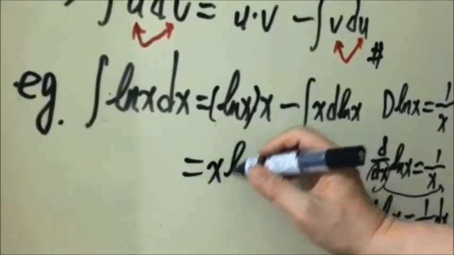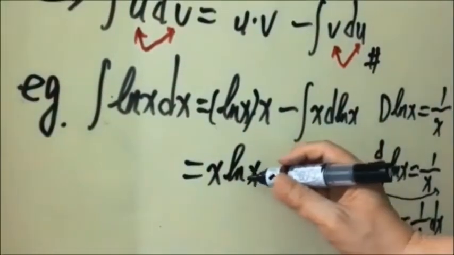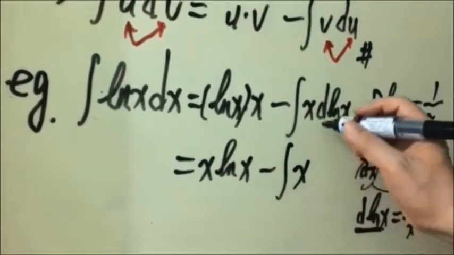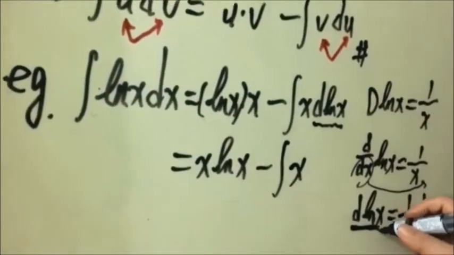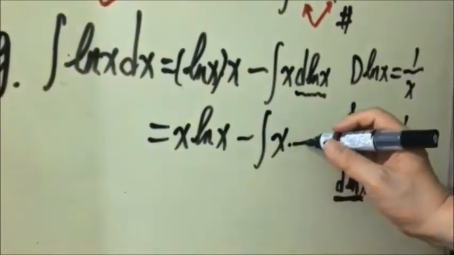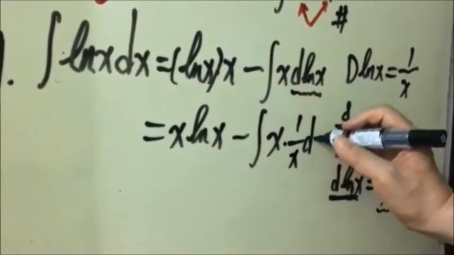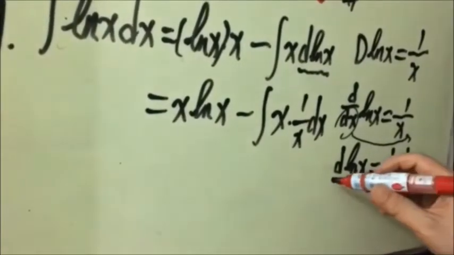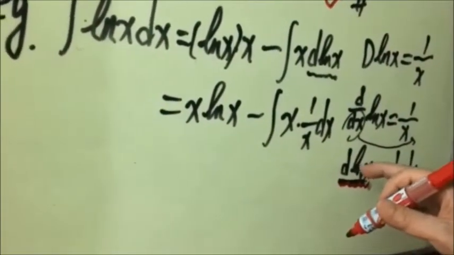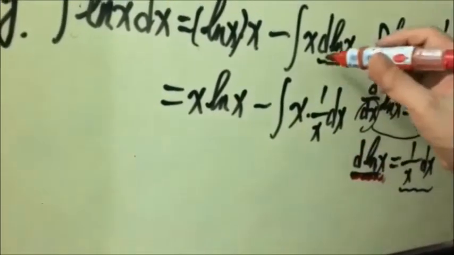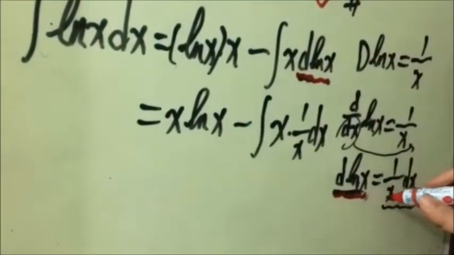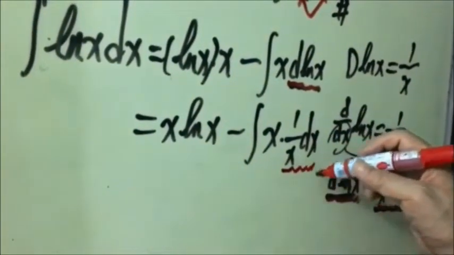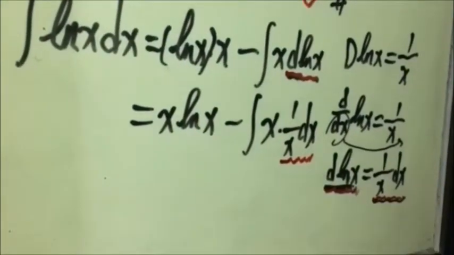We can write it down like this: x times natural log x minus the integral of x d(natural log x). We can change it into 1 over x dx, which corresponds to the differentiation formula d ln x equals 1 over x dx.